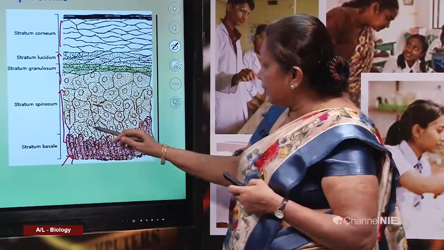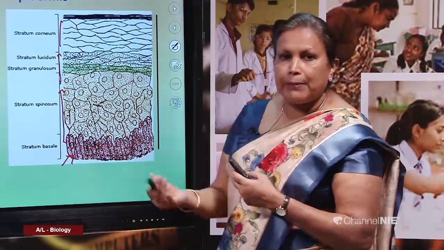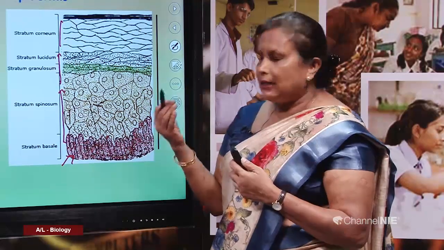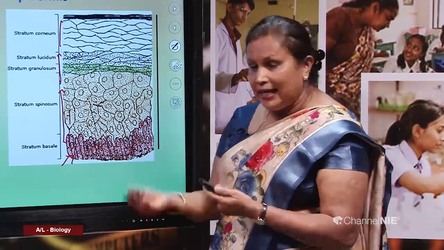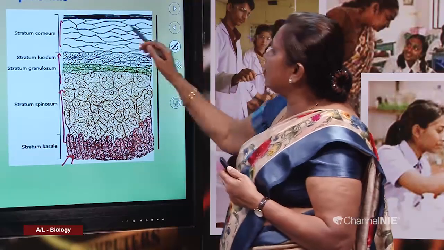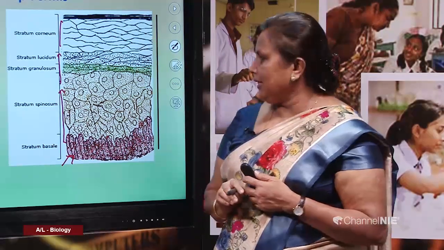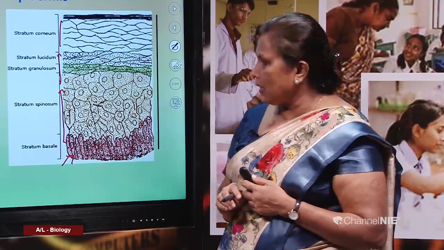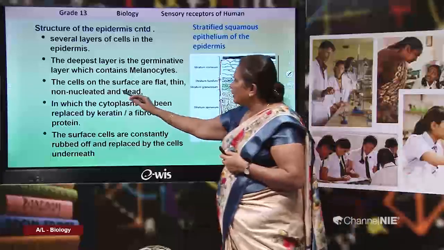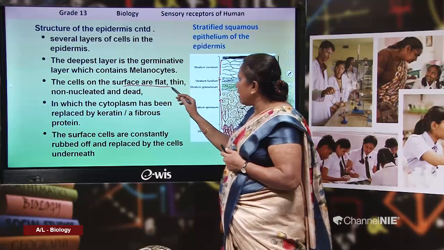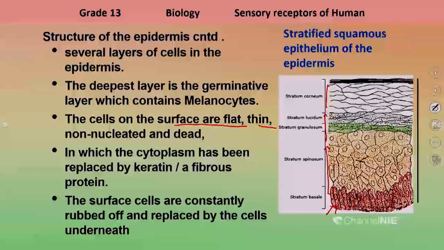You can see the shapes changing gradually, and the living nature changes. The cells in the topmost region are dead cells. Therefore, cells on the surface are flat, thin, non-nucleated and dead.